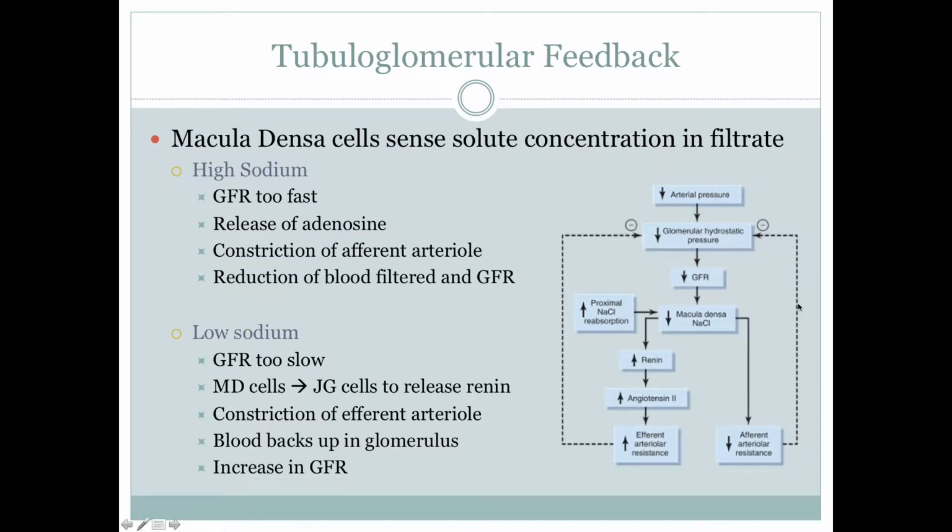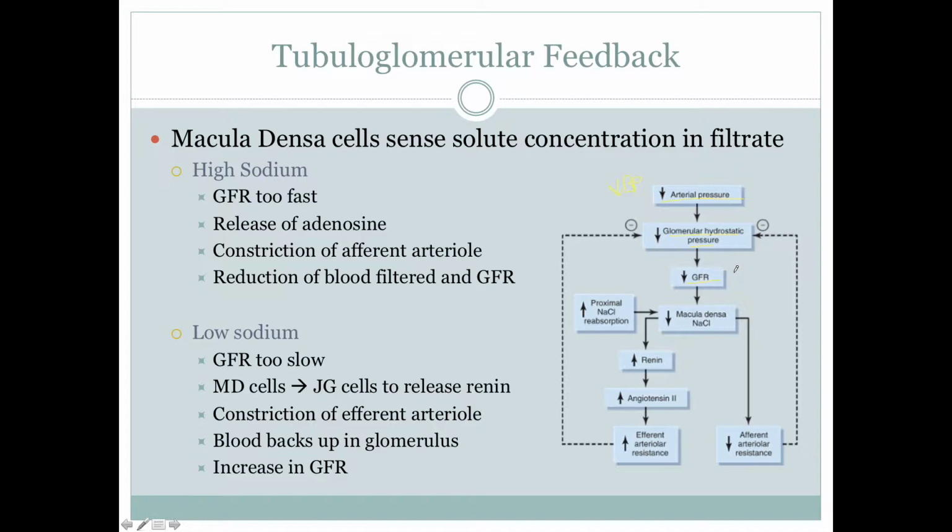So going through this system, it's called the tubuloglomerular feedback loop. So these are our two cells we just mentioned. We've got macula densa, and then we've got juxtaglomerular cells. So here is this autoregulation center. First we have a decrease in systemic blood pressure, a decrease in arterial pressure. When that happens, the glomerular hydrostatic pressure is going to go down, so there's going to be less pressure in those blood vessels, which means the rate and pressure of things leaving the glomerulus is going to go down.